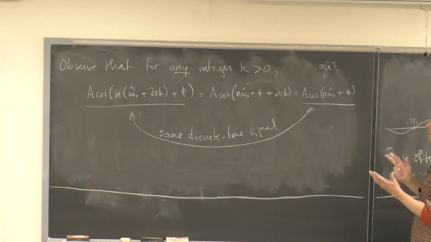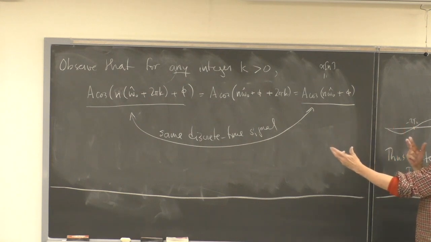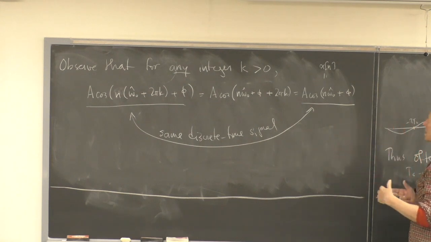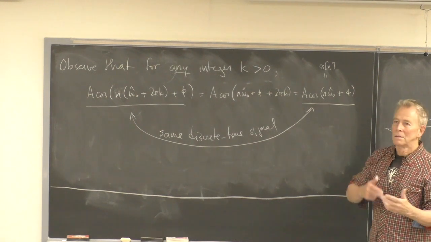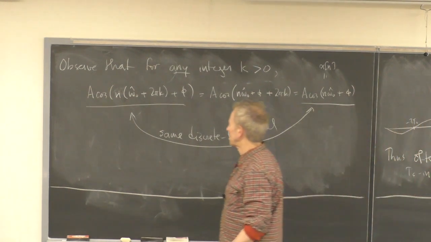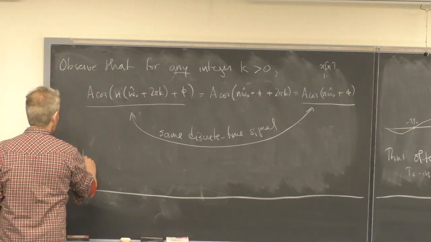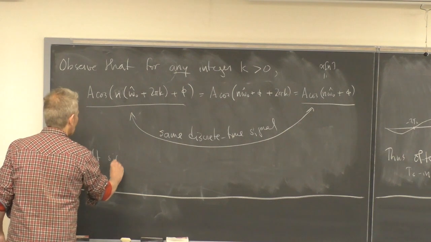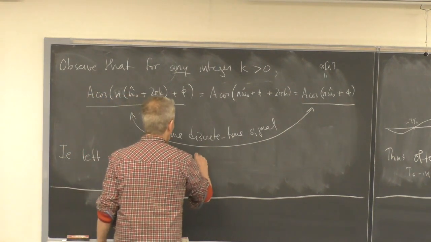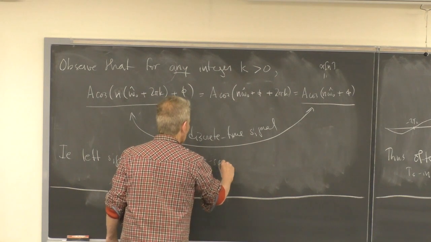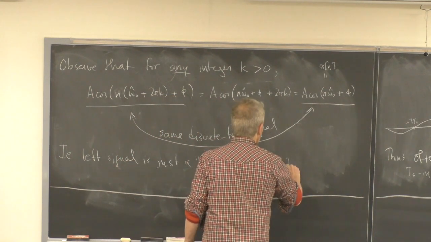The same discrete time signal written in 2 different ways. Okay, so we can just think of these as different spellings of the same signal. So the left signal is just a quote-unquote respelling of x of n. Okay?